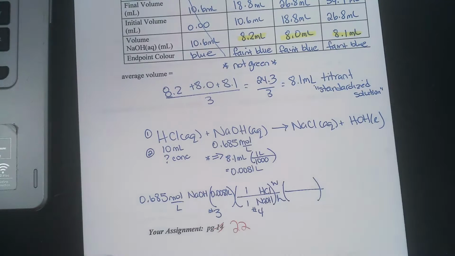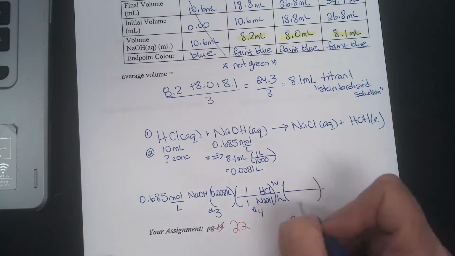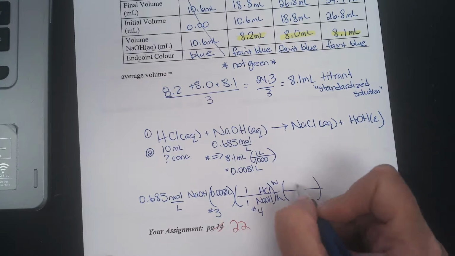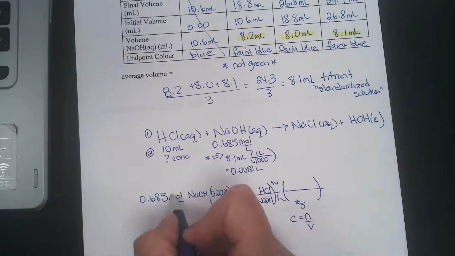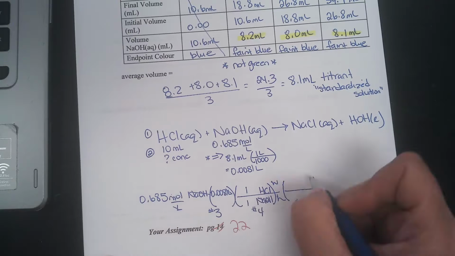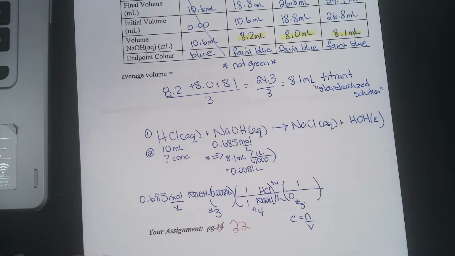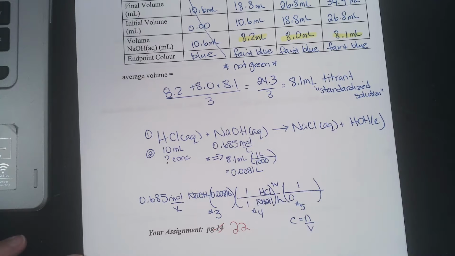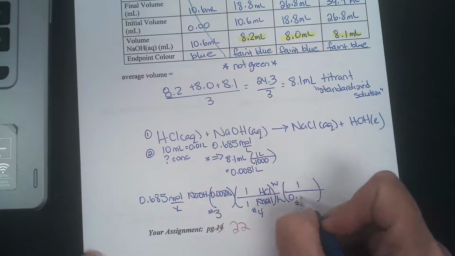And then it's asking me to calculate the concentration. And concentration, we know, is moles per volume. So in step number 5, I'm going to have, where am I at? Liters sodium hydroxide. I'm in moles of hydrochloric acid. So I'm going to divide it by my sample. And 10 mL into a liter is 0.01 liters.